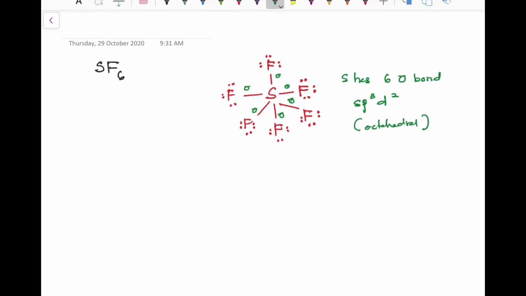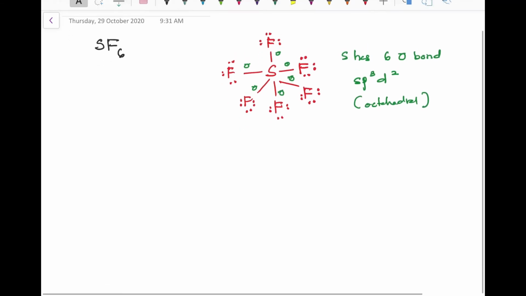The third step is we focus on the central atom, starting from the ground state, the excited state and the hybridization. So now we go to sulfur. We can write sulfur ground state.